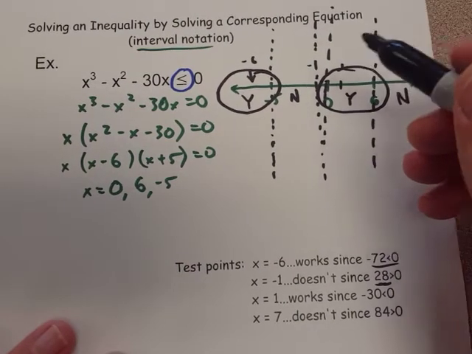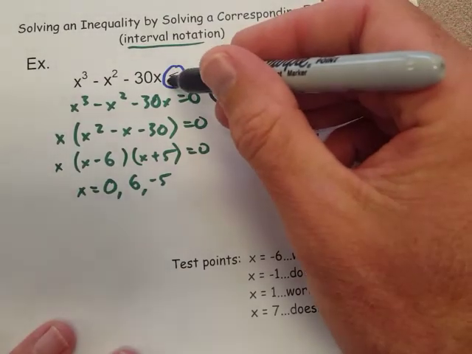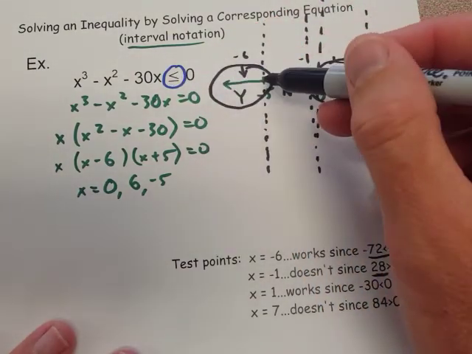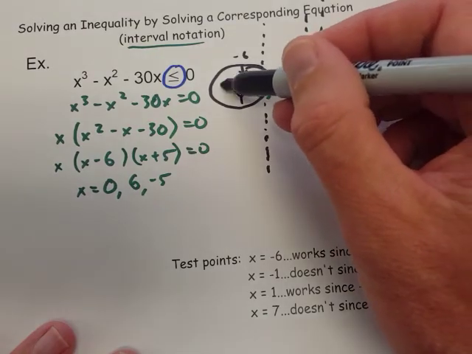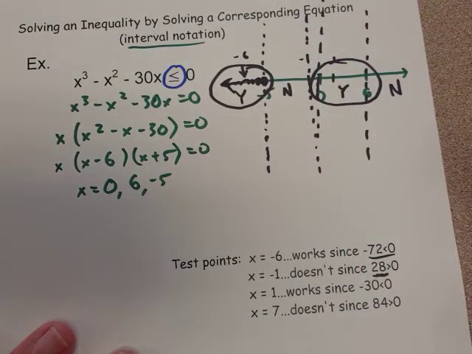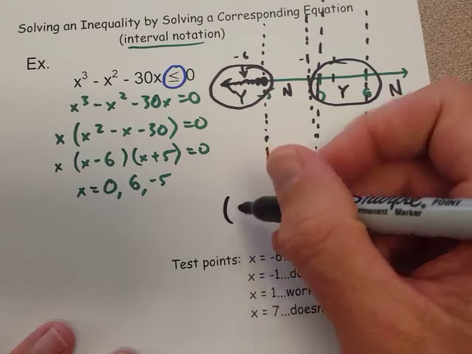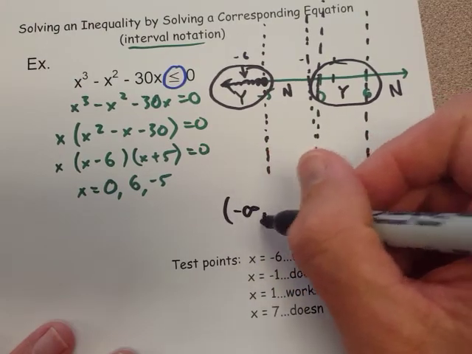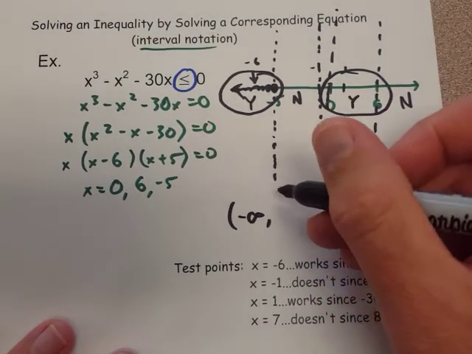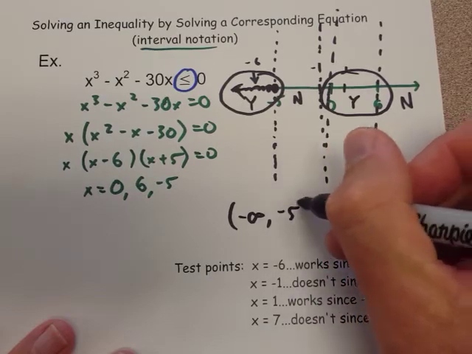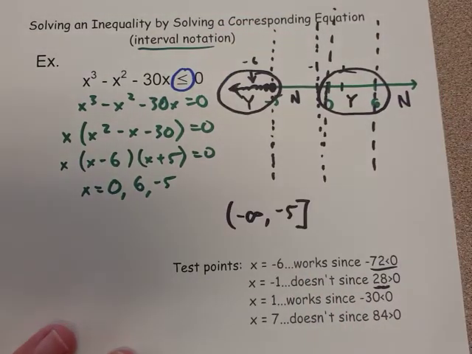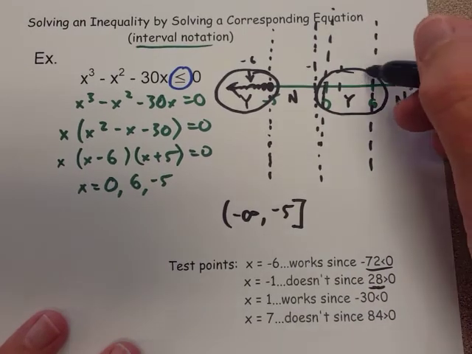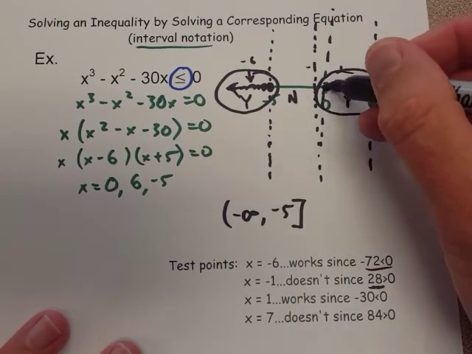So you'll notice here that we've got an equal to bar, and it goes from negative infinity up through negative 5. And so I've got this region basically that's shaded in. My interval notation for that would be negative infinity to negative 5, with a square bracket because it's got an equal to bar. Then over here, the yes that I want is between 0 and 6.